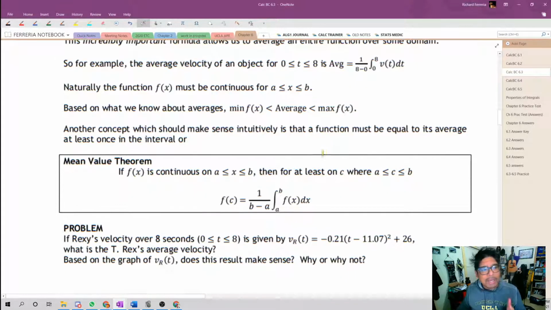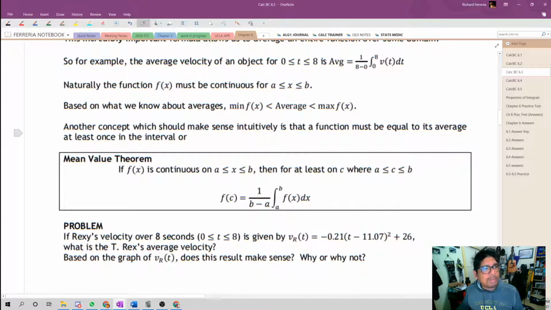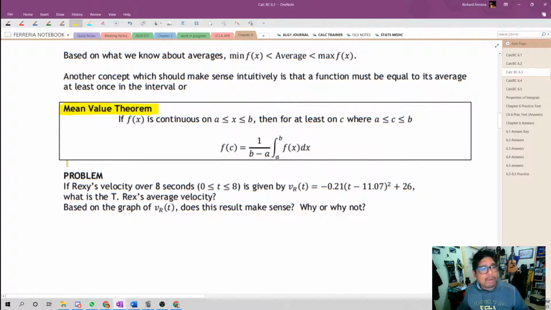And that concept leads us into what we call the mean value theorem. Before, we just found the average or the mean, now we're going to take the average and make a theorem out of it. The theorem just says that a function has to equal its average somewhere on the interval that we're averaging. That makes sense, right?